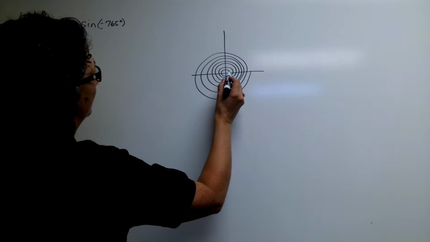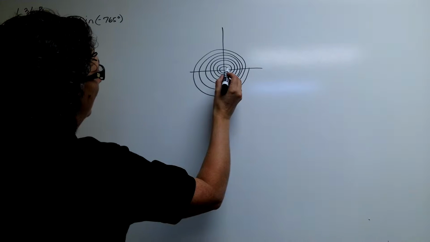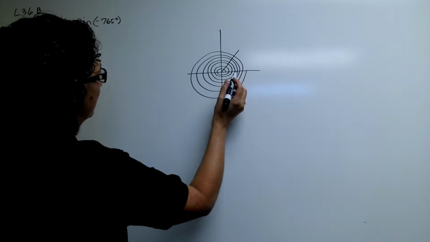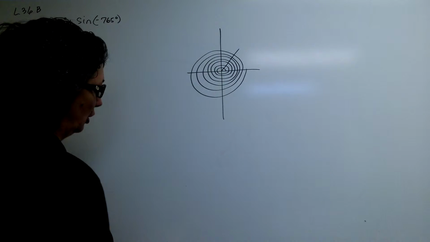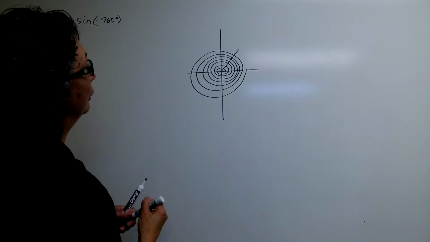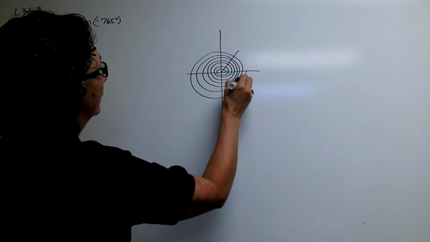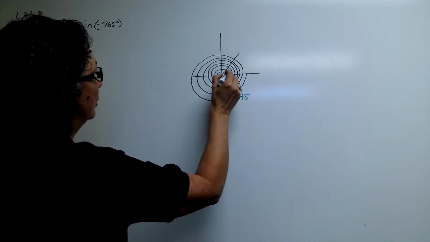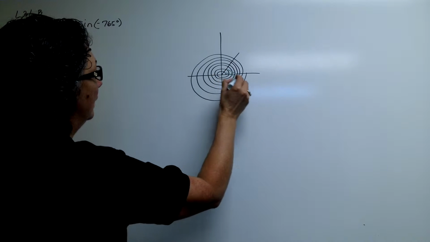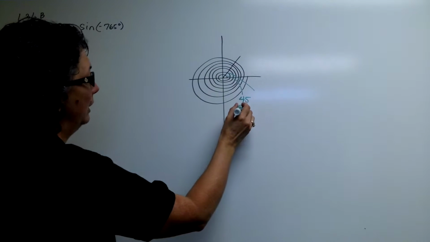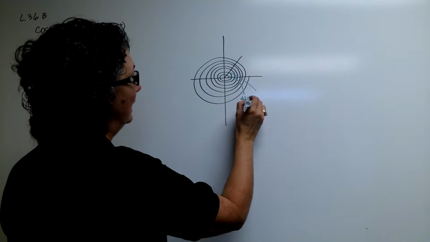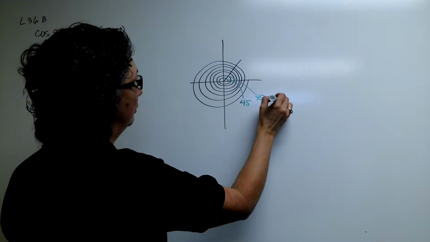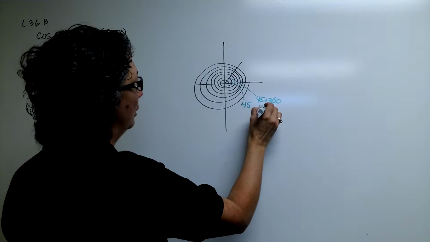So if I have 45 degrees, so this one here is going to be 45 degrees. But if I go completely around the circle again and stop, I'm at 45 plus 360, which is 405.